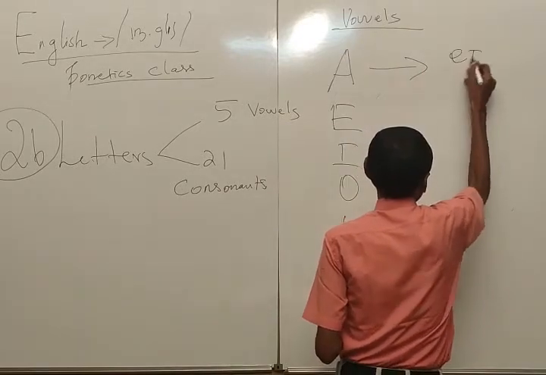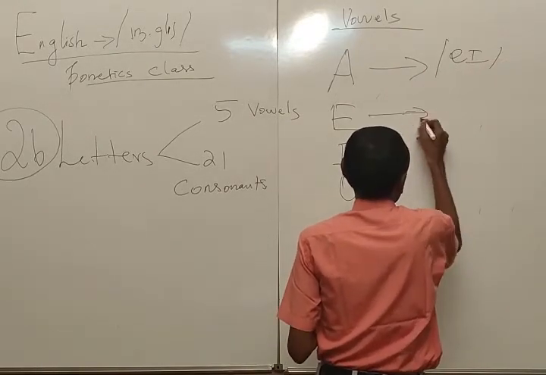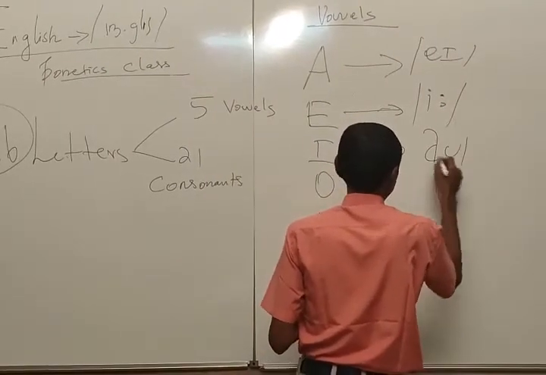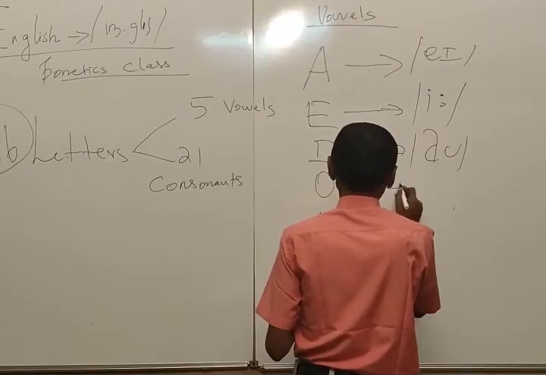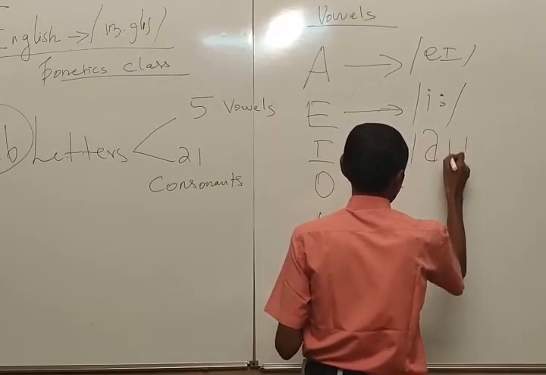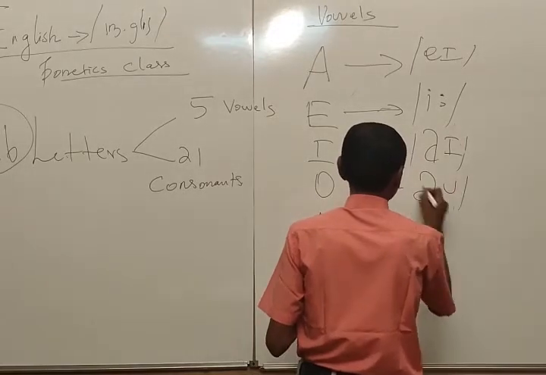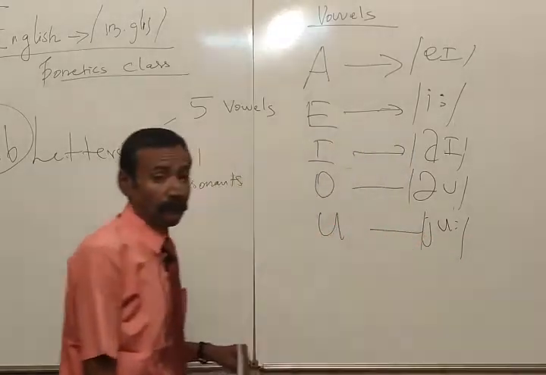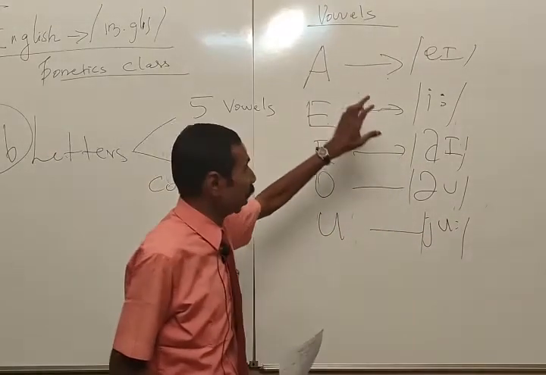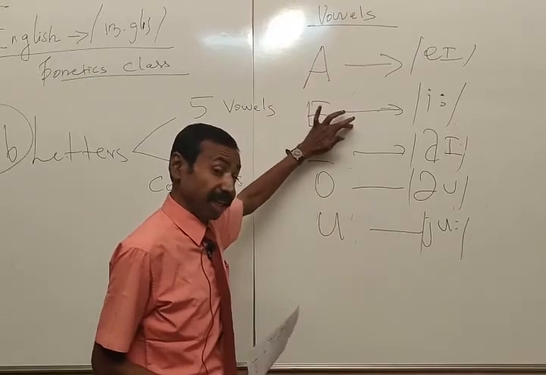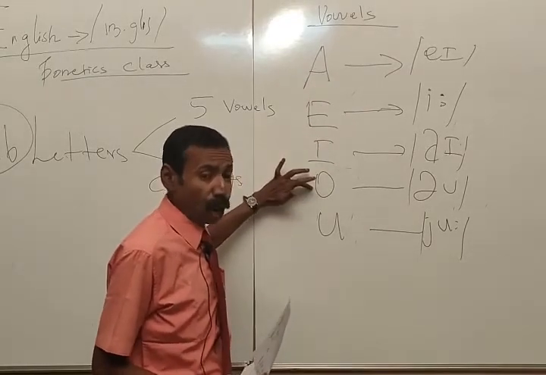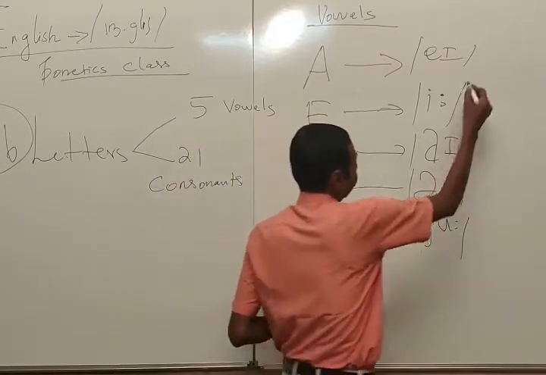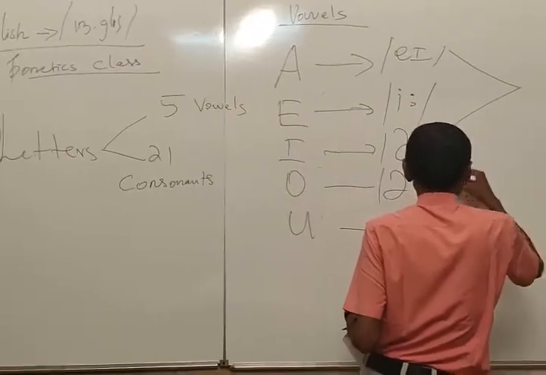This is A, this is E, this is I, this is O, this is U. We are having 5 vowel sounds: A, E, I, O, U.